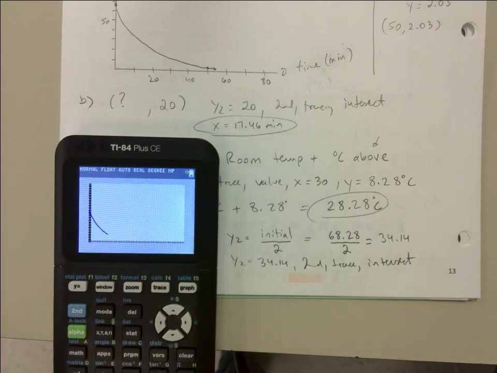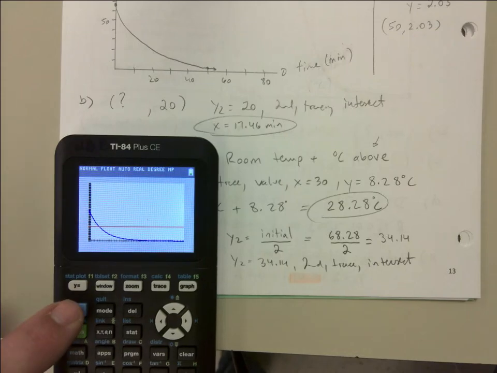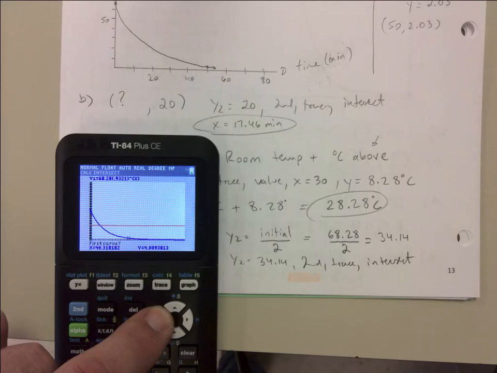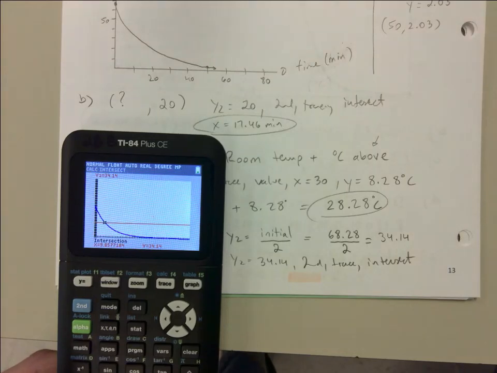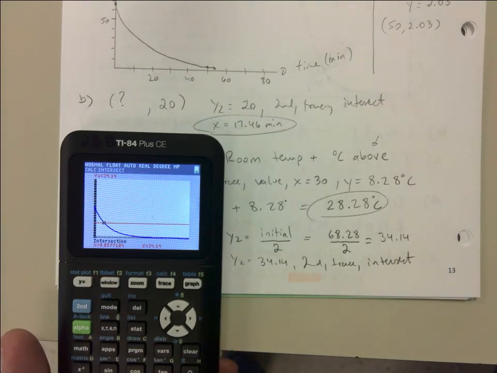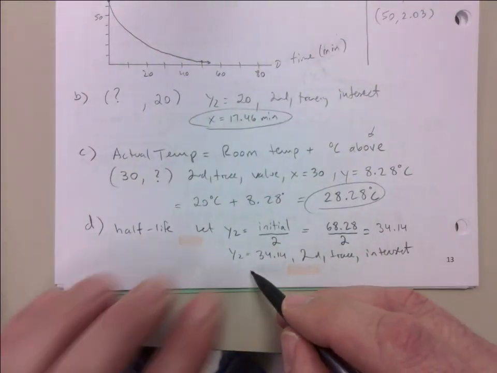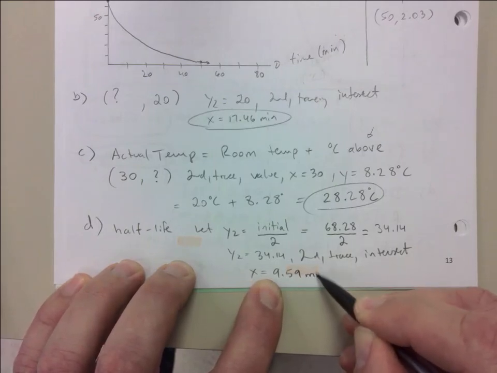I'm going to graph this thing. My window should be okay. There it is. So second trace intersect. Get a little closer to it. Enter, enter, enter. And that's 9.59 is my time. That's what I'm after. X is 9.59 minutes.